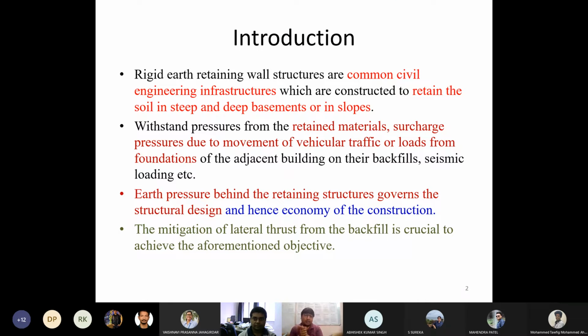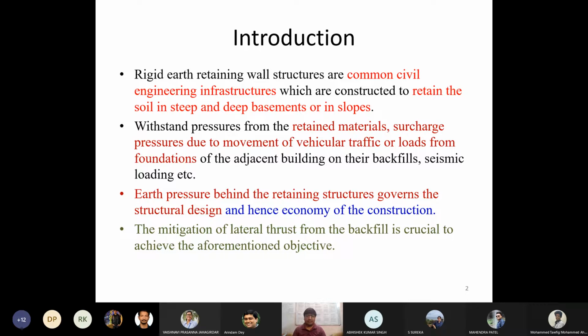Before proceeding, I want to mention why the relief shelf has been introduced and what the purpose is of adding an additional structural member to the conventional retaining wall. For construction of a rigid retaining wall, the important aspect is the magnitude of the earth pressure. The dimensions of the retaining wall we design for always depend upon the magnitude of the lateral earth pressure acting on the wall.